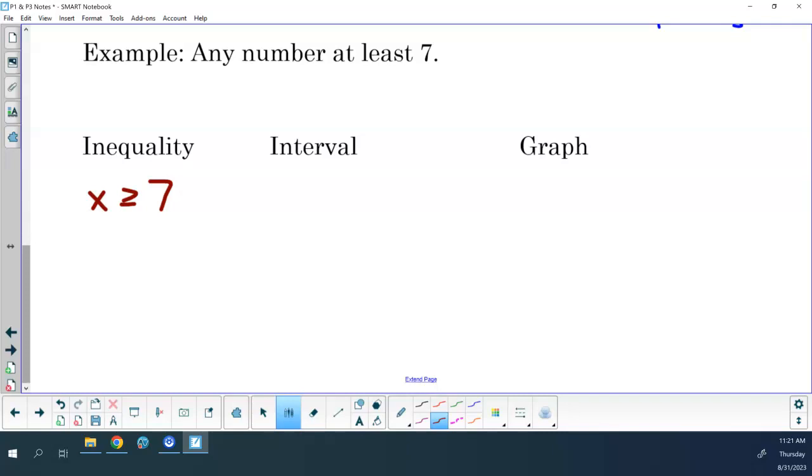Would you agree that at least would be including 7? Yeah. Okay. We want numbers bigger than 7, right? At least 7, so bigger than or equal to 7. So that would be an interval with a bracket, 7, to infinity. Infinities, positive and negative, are not attainable. So it's that.